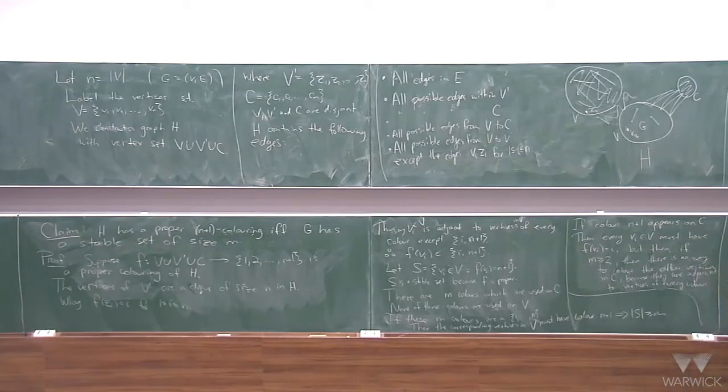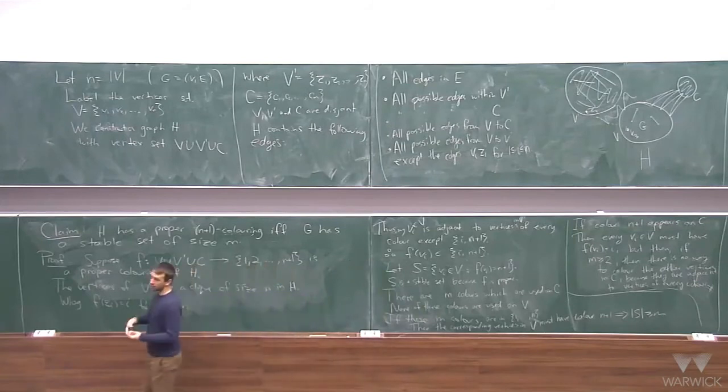Inside of C there would be a vertex of color n+1. C is a clique, so they're all joined to that one. And they're joined to everything in V, so they'd see all the other colors over there. So this would be a contradiction. So this can't happen. What we've proven is that if there is a proper n+1 coloring of H, then G does have a stable set of size M.